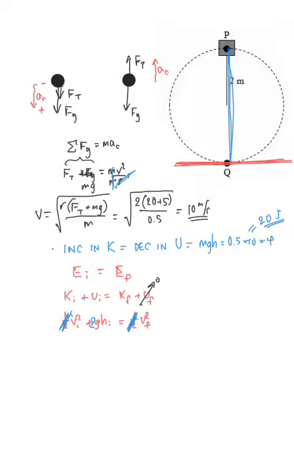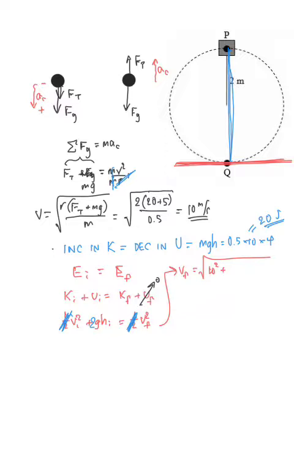So anyway, back to this problem. Let's solve for the Vf. Vf will be equal to the square root of V initial squared. The V initial is the speed at the highest point, which was 10.